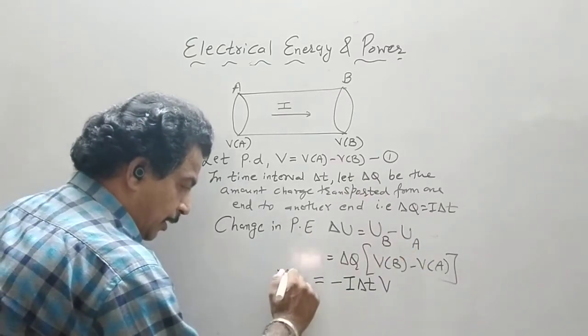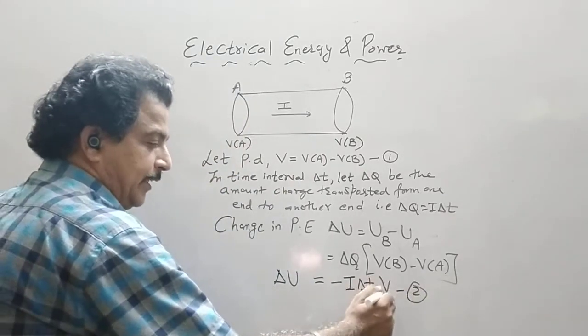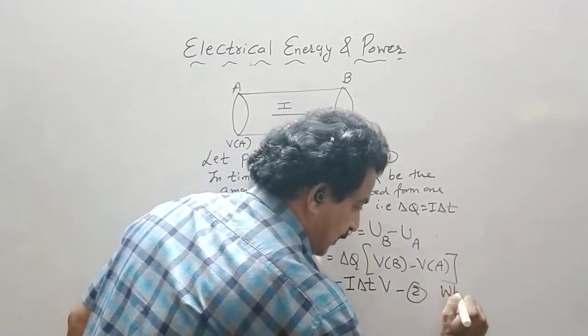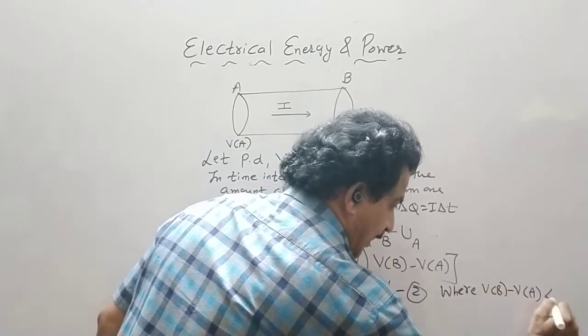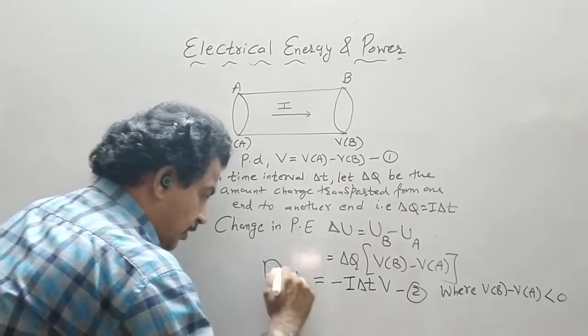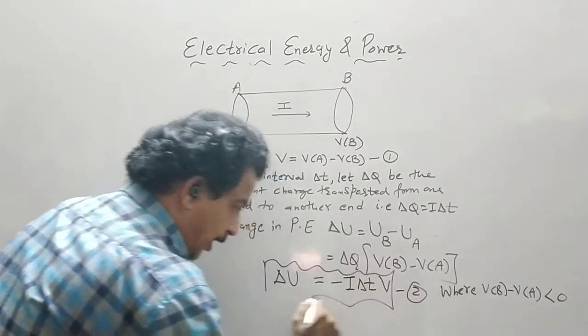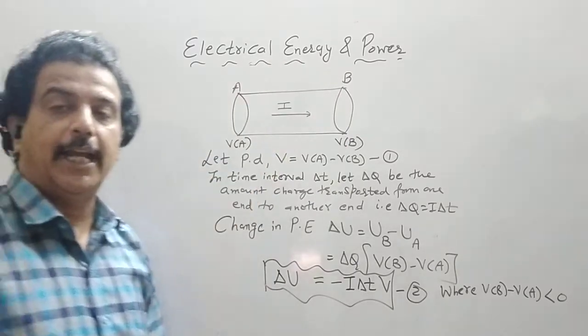So the change in the potential energy is minus I delta T V, where VB minus VA is less than 0. Now this is the change in the potential energy when the charge or a current is flowing from one end of the conductor to the other end.